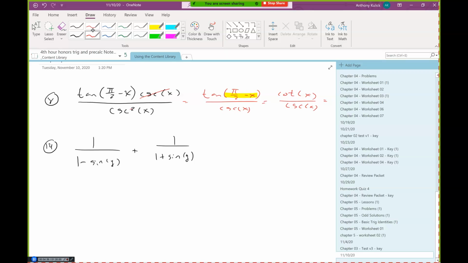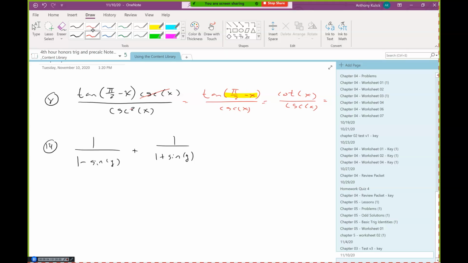Okay. So do you see any identity that's obvious to use here? I have a 1 minus sine y and a 1 plus sine y. So that would need 1 minus sine squared. Yeah, that we don't have. But we could make that, right?